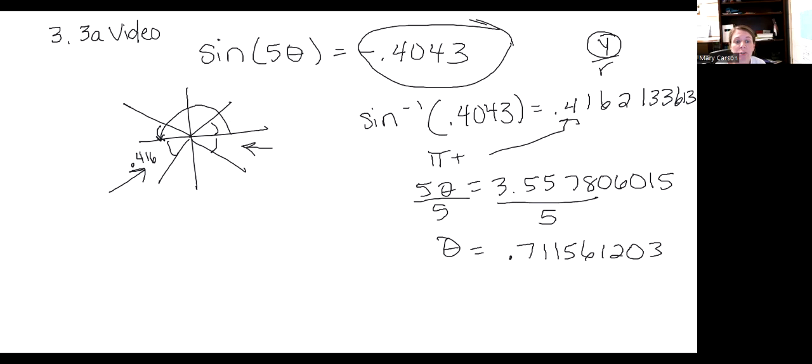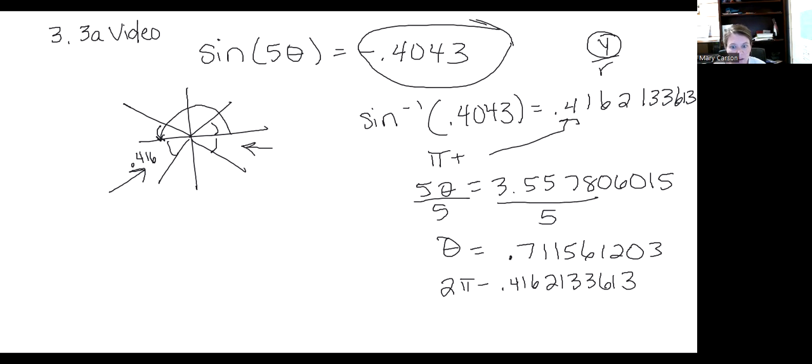To find the other one, we have to do this angle. Now, the easiest way to find this angle would be, instead of adding pi, to take this whole thing, which is 2 pi, and subtract that angle there. That would be from here to here. So we would do 2 pi minus 0.41621333613.